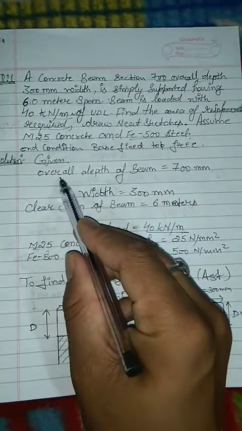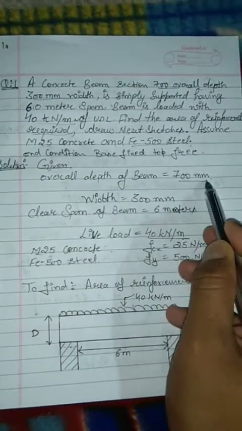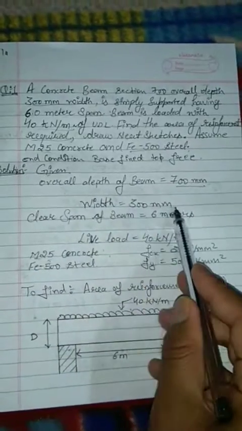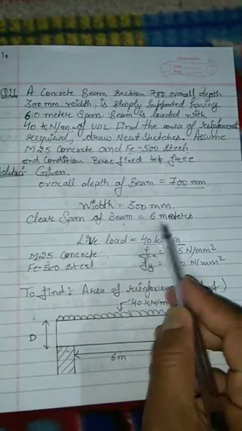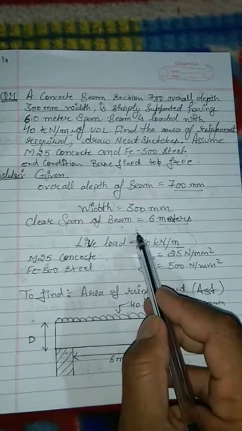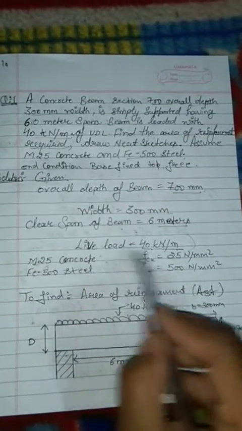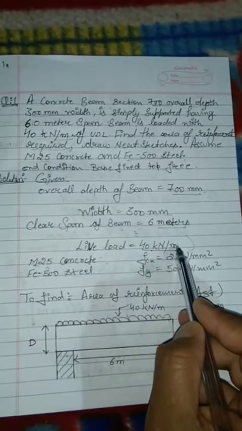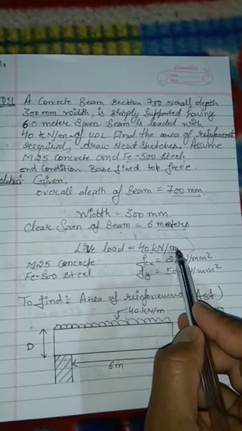We are provided with the overall depth of the beam, which is 700 mm, the width is 300 mm, and the clear span of the beam is 6 meters. The live load given to us is a UDL of 40 kilonewton per meter.